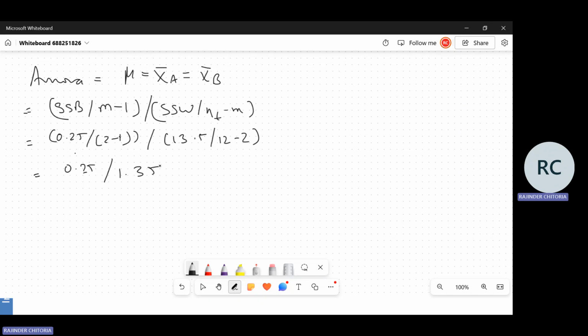And 0.25 divided by 1.35 is coming to around 0.1851. That's my ANOVA value.